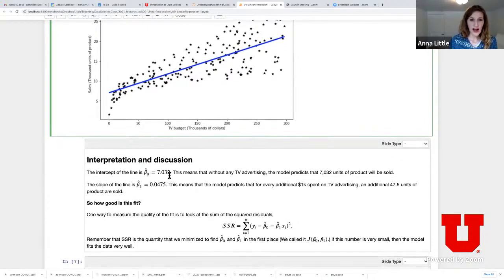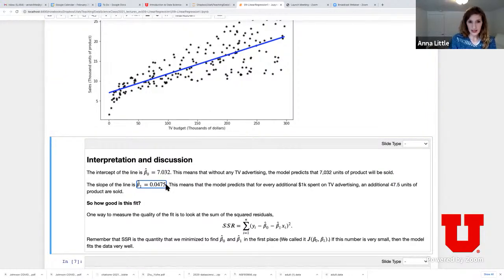Okay, so how should we interpret what the intercept number means? So the intercept here is about 7. What that means is that without any TV advertising, the model predicts 7,000 units will be sold. The slope of the line is 0.0475, and so think of the slope as telling you the increase in your response variable that you will see for each additional 1 unit increase in your explanatory variable.